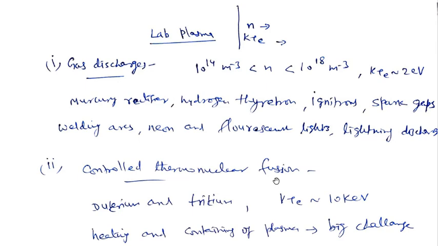The principal reaction, which involves deuterium and tritium, produces a helium nucleus and a neutron with a tremendous amount of energy.